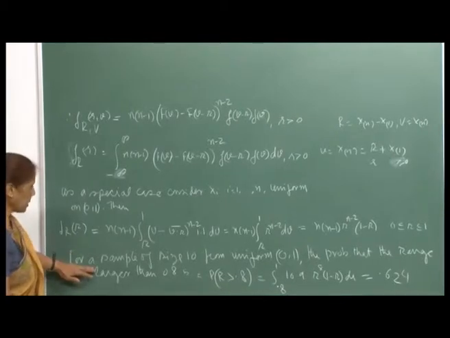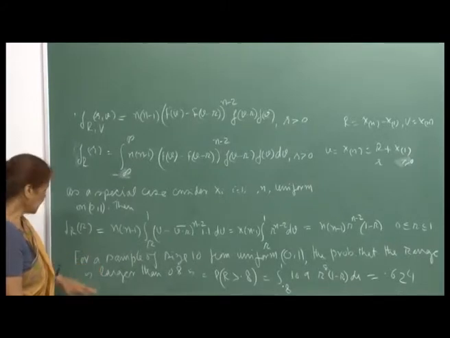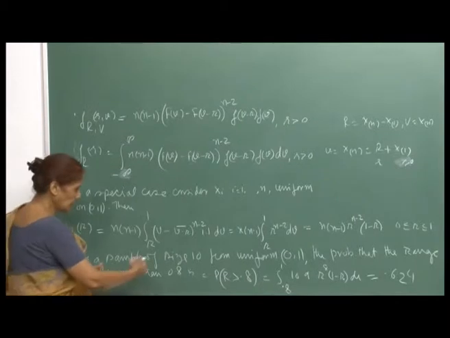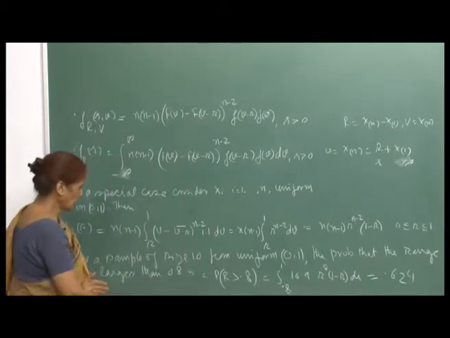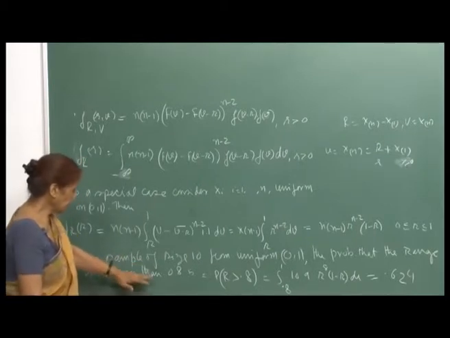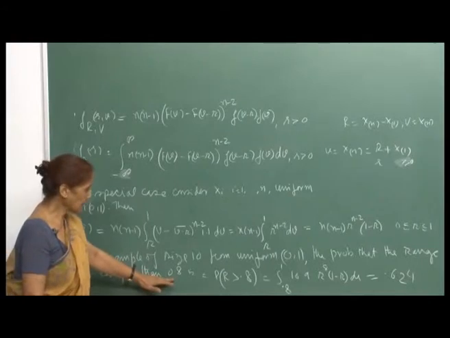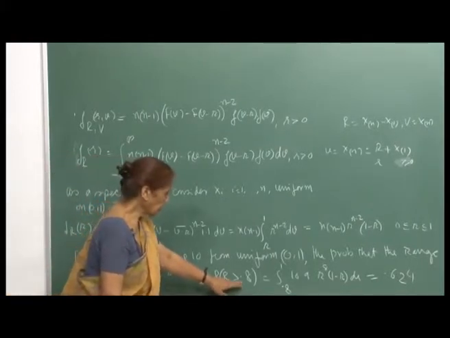Now you can find the probability that, for a sample of size 10 from uniform 0 1, the range is larger than 0.8. These questions are of a lot of interest, because you want to find out the range of values that the sample you have observed covers. If you are saying that the range is larger than 0.8, then you want to compute the probability that capital R is greater than 0.8.